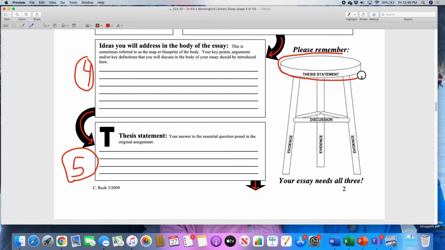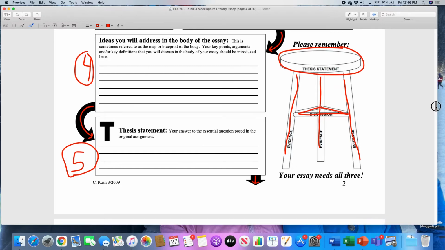That's the most important thing, right? It's the face, I guess, of your ideas, of your argument. The evidence is what supports the stool, right? It gives it structure, it gives it strength. Your discussion is what pulls it all together and makes it work as one complete coherent unit. So your essay needs all 3 of those.